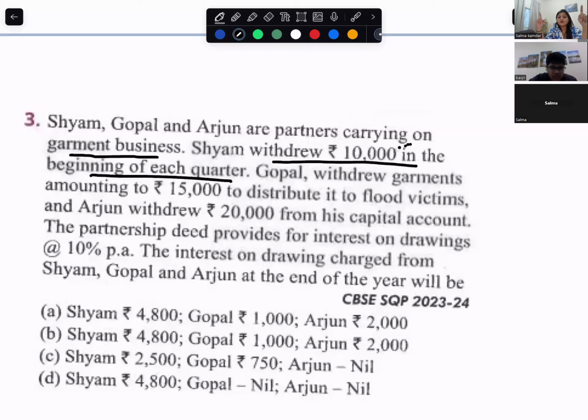That means you have to follow the table. So the amount of drawings for Shyam will become how much? 10,000 he is withdrawing at the beginning of each quarter. In a year, there are 4 quarters, so into 4.